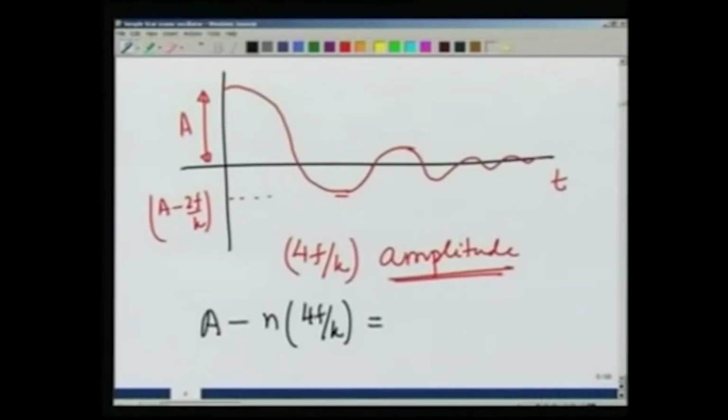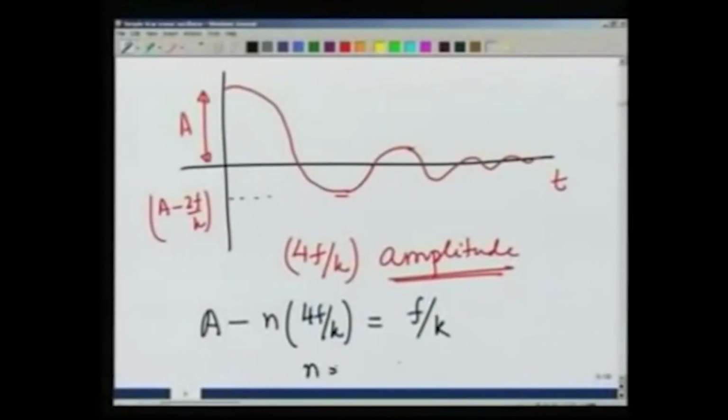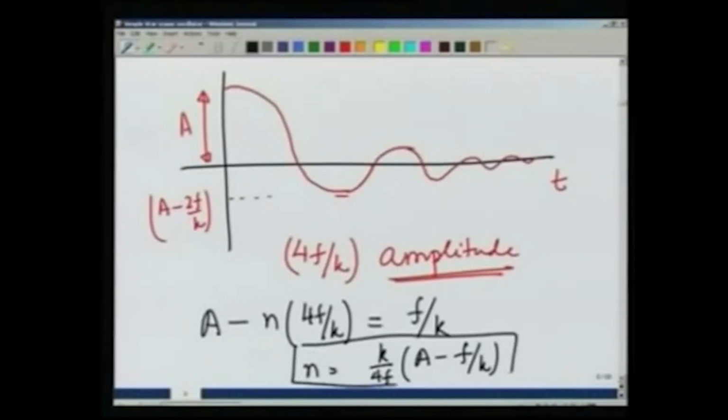Where does it come to a stop? At a distance f over k, because friction and spring force balance each other, and this gives you n is equal to a minus f over k times k over 4f. That is the number of cycles that the particle would perform before it comes to a stop.